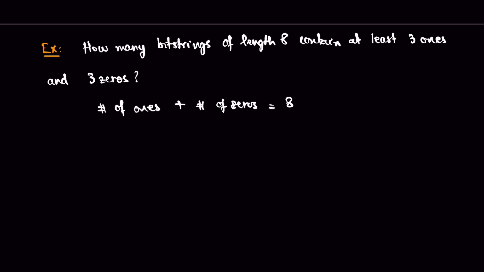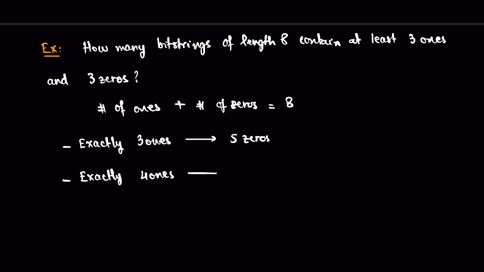So we consider 3 different scenarios here. The first one is that there should be exactly 3 ones, and the remaining positions must be zeros. So you get 5 zeros in the first scenario of exactly 3 ones. The second scenario is that you have exactly 4 ones, and the remaining positions must be zeros.